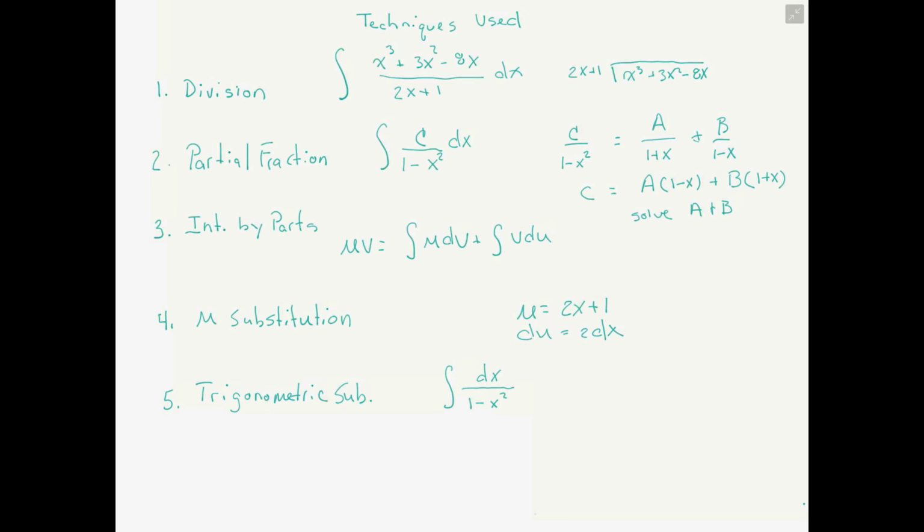The last one is one we haven't seen so much yet, trigonometric substitution. And that's where we have, let's say, an integrand 1 minus x squared, and we say x equals sine theta, and dx equals cos theta d theta.